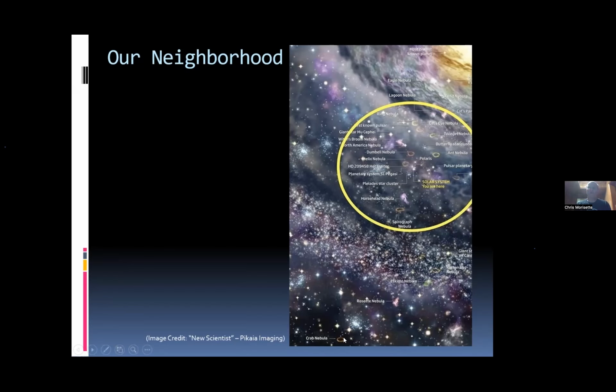So the Crab Nebula being in Taurus, the Rosette Nebula being in Monoceros, the Eskimo Nebula being in Gemini. You can see how those three would line up, because those constellations are in similar locations in the sky. But again, this personally opened my eyes about where we are with respect to a lot of the objects that we view out in the sky.